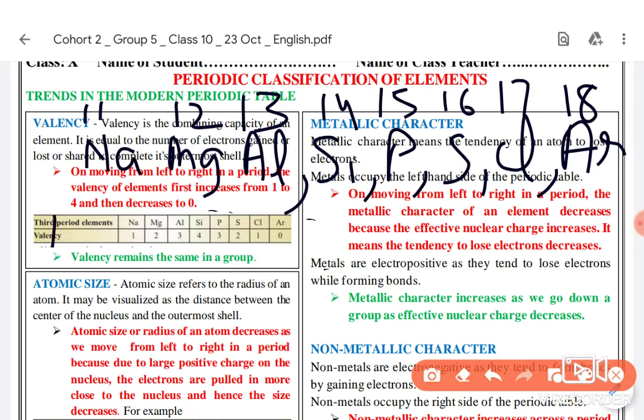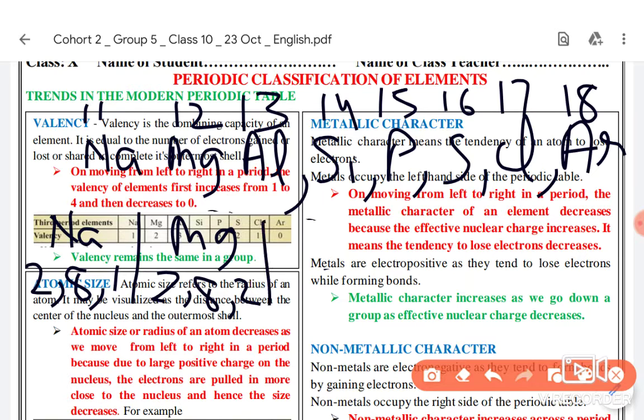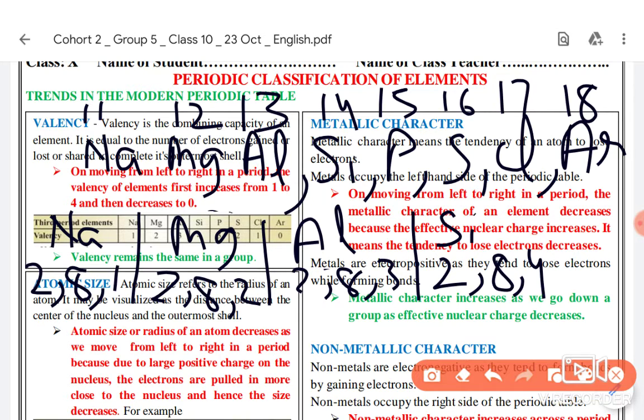For sodium it will be 2,8,1, for magnesium 2,8,2, for aluminium 2,8,3. We are writing the electronic configuration. As you are seeing, the number of valence electrons, that is the number of electrons present in the last shell, is increasing by one electron at each step.